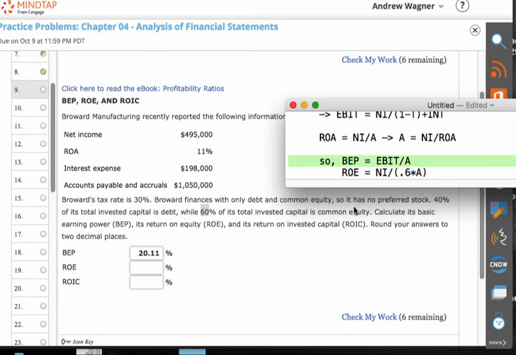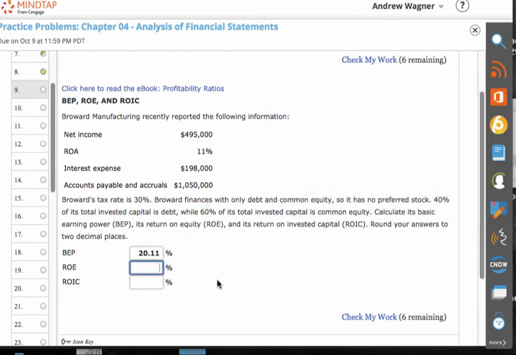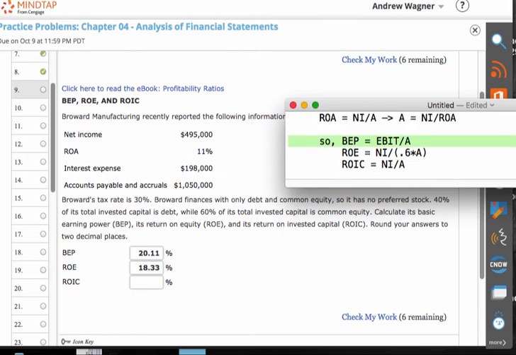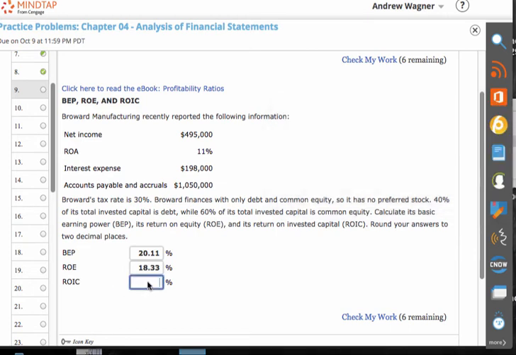So we can just use 0.6 times assets for equity, and then use the net income that we already solved for. Net income over 0.6 times assets gives us 18.33. And then return on investment capital would be net income over assets, which is actually an easier calculation. I'm getting 11%.